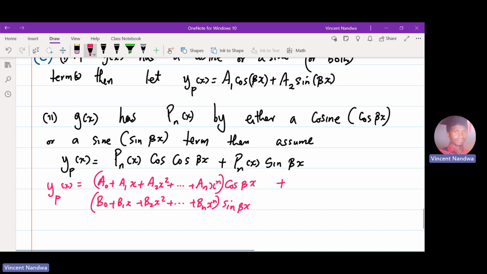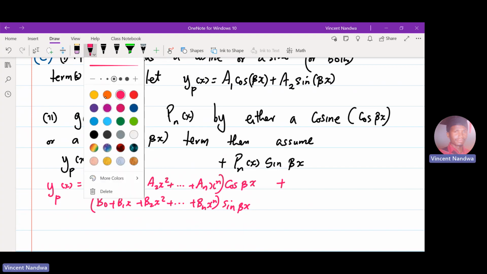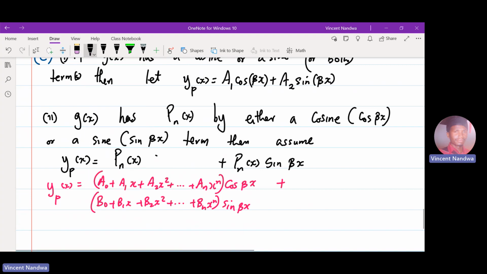Oh, okay, yes, that's a mistake. There's no double cosine here. Thanks for noting that. So this is just one cosine x. So let me just rewrite it.